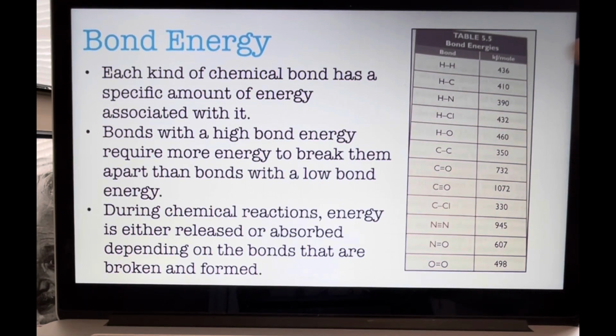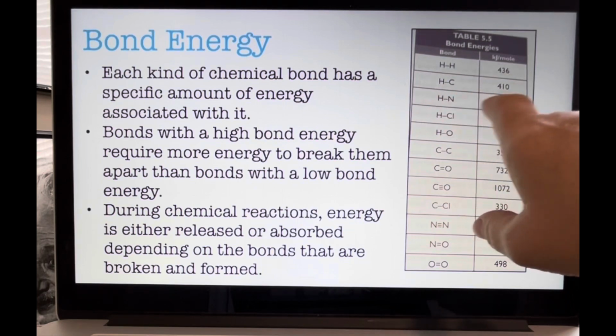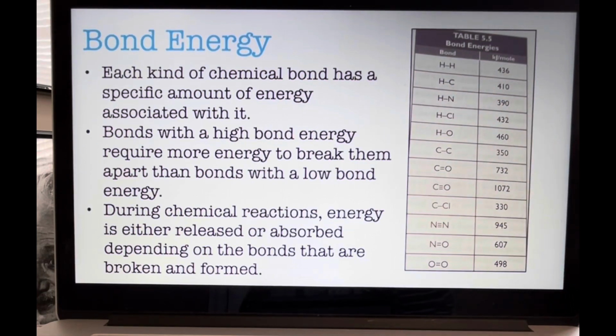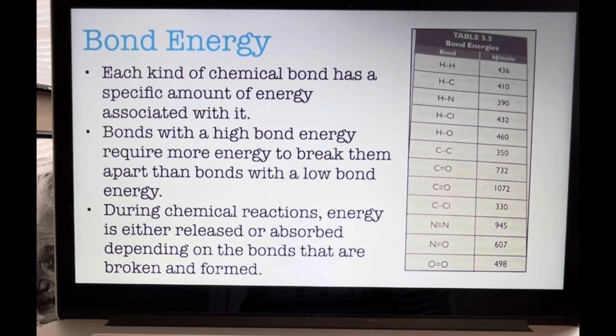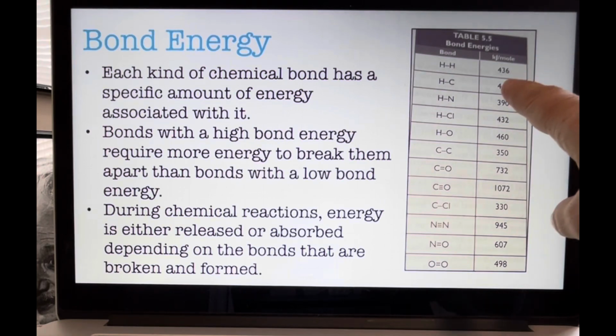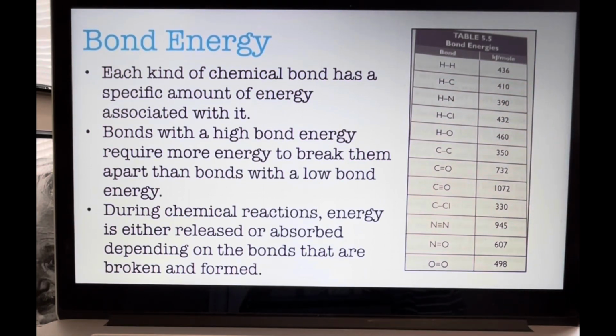So let's look at hydrogen-nitrogen, 390, as compared with a hydrogen-oxygen, 460. A hydrogen-carbon bond, 410. During chemical reactions, energy is either released or absorbed depending on the bonds that are broken and formed.